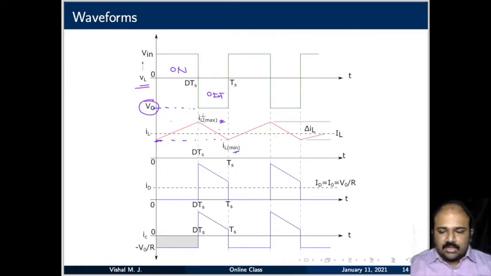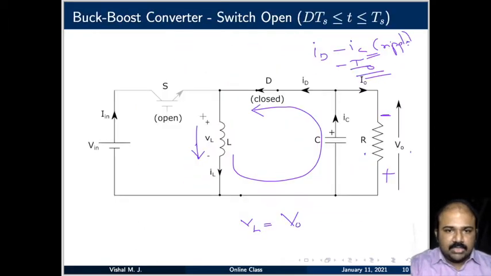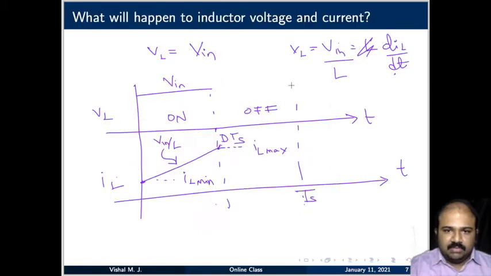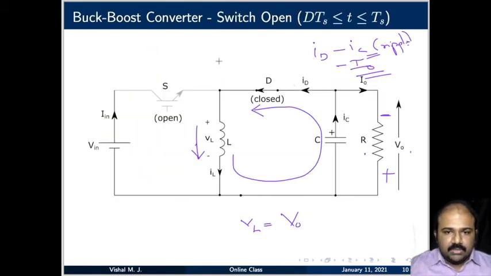What is the diode current? If you see the circuit, when the switch is on, the diode is open, which means the diode current is 0. When the switch is off, the inductor current flows through the diode, so the diode current is 0 when the switch is on, and it is equal to IL, the inductor current, when the switch is off.